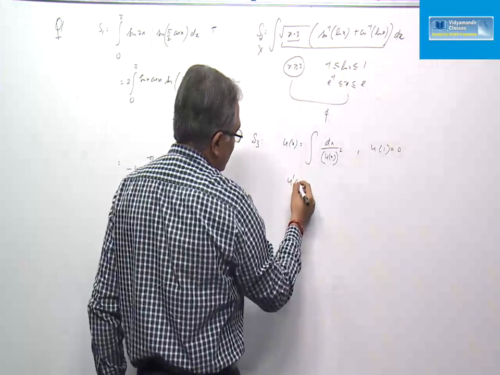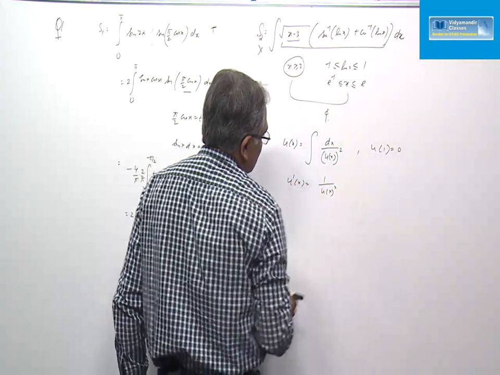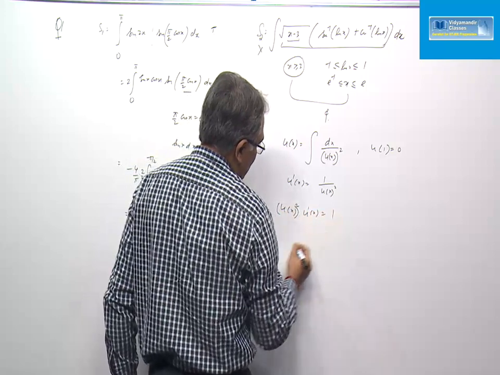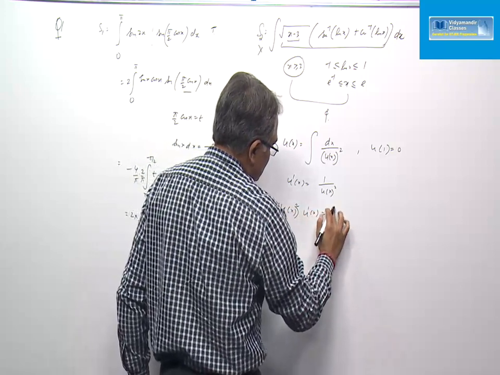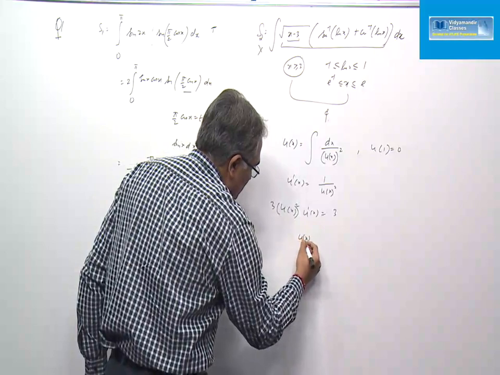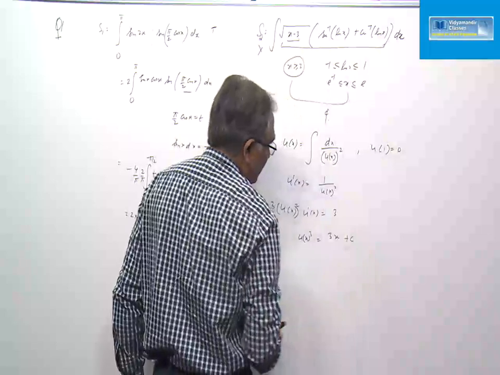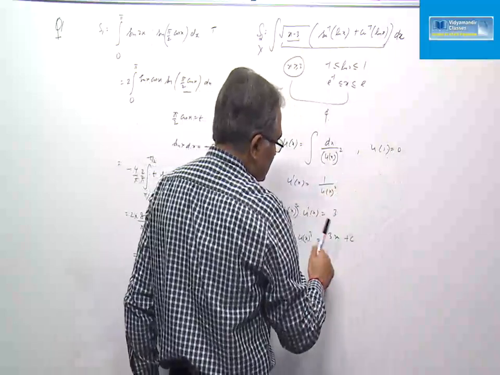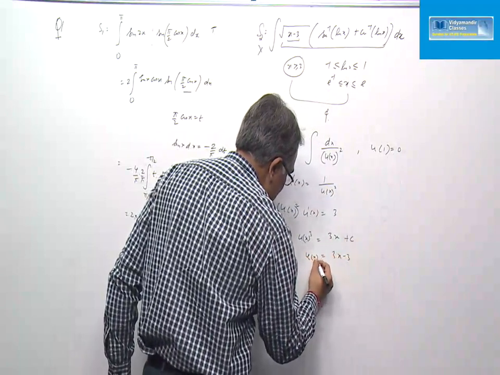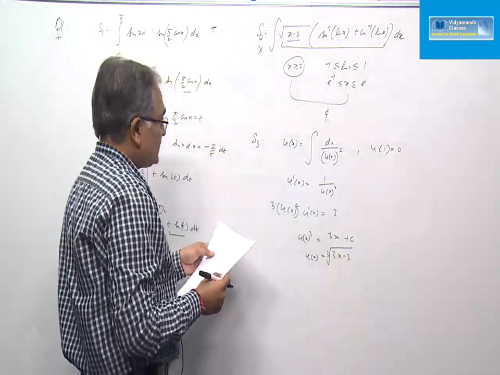Differentiate both sides, you'll get u dash x is equal to 1 over u(x) whole square, that is u(x) square times u prime x is 1, that is the derivative of u(x) whole cube, that is u(x) whole cube is equal to 3x plus c, whereas u(1) is 0 implies c is minus 3, that is 3x minus 3, hence u(x) is cube root of 3x minus 3, which is the correct choice. That is statement 3 is true.